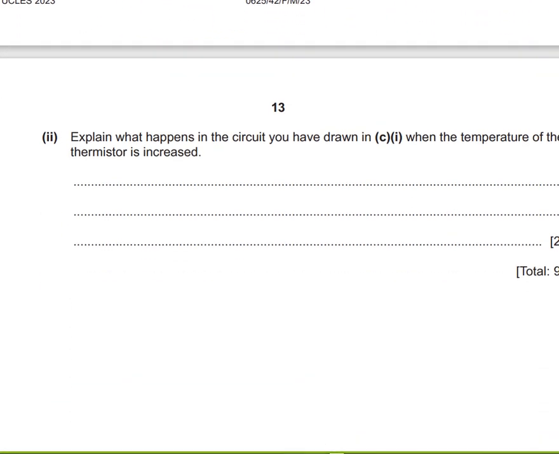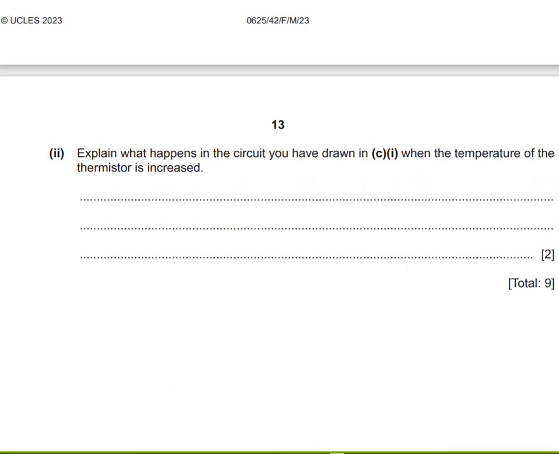Let's go to number 2. Explain what happens in the circuit you have drawn when the temperature of the thermistor is increased. So when the temperature increases, the resistance of the thermistor decreases.